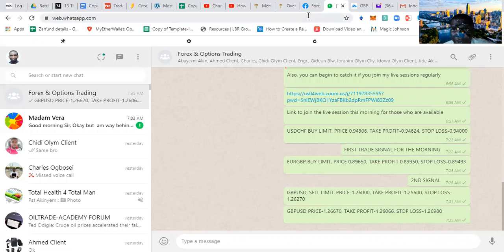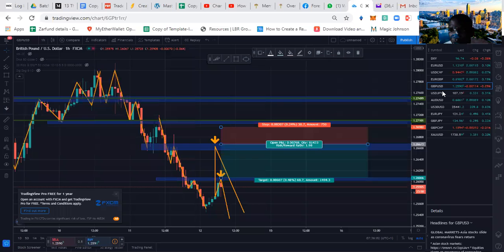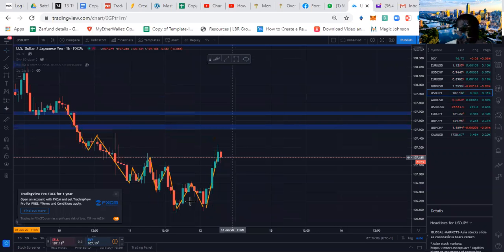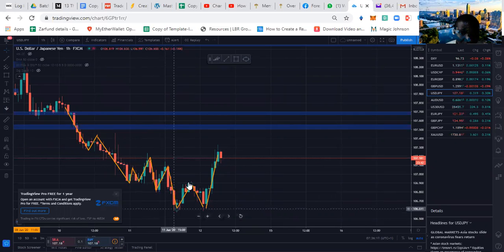So let's go back to USD JPY. You can see here when the pullback happened, we had a structure here. And when this pullback happened, our structure came here. So you can see this one has already broken through several structures.